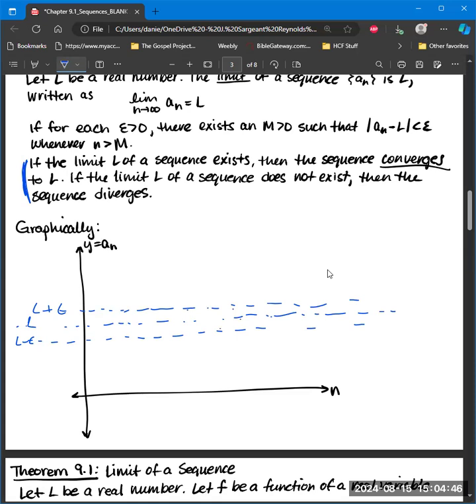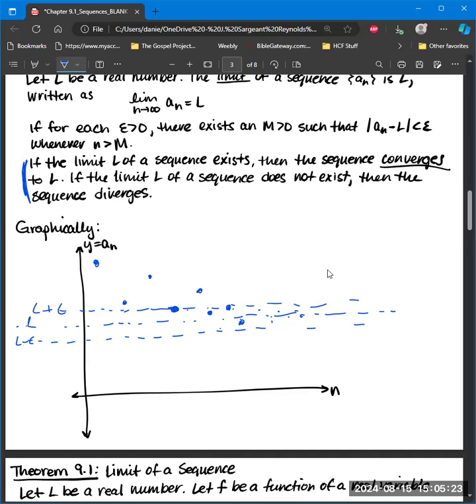So let's say that they start off up here and then down here and then up here and then down here, and then up here, and then we start to get in here, and then maybe we're inside there and there, and they just keep bouncing back and forth, but getting closer and closer to this line, like this.